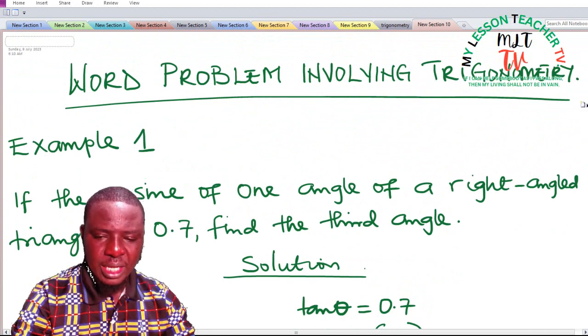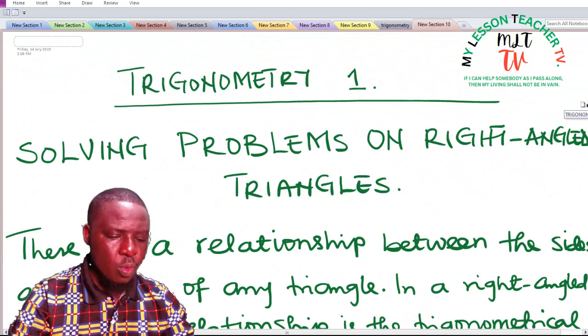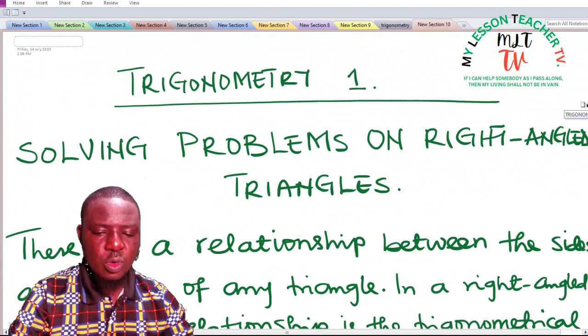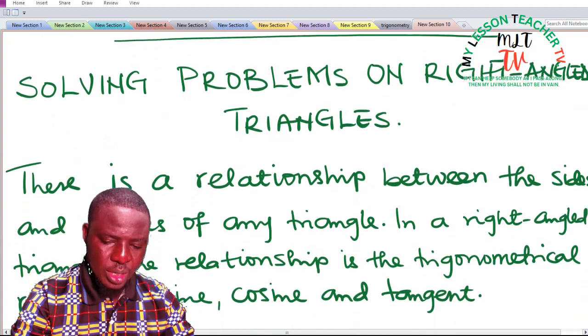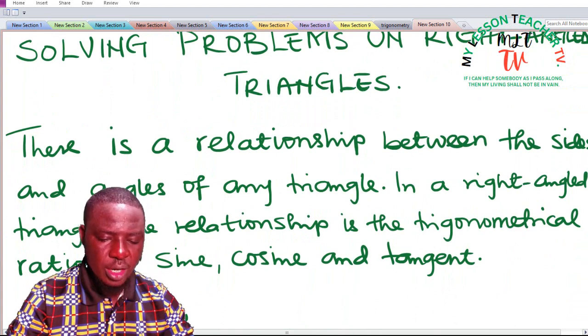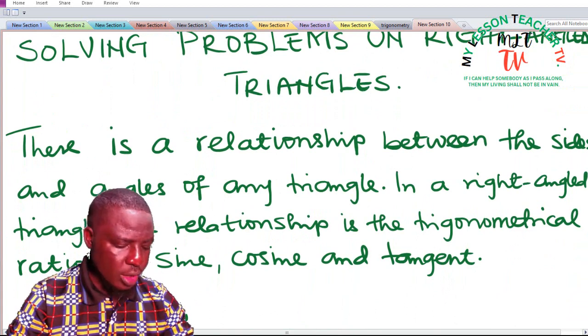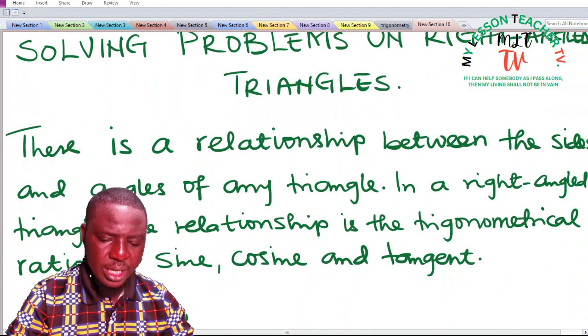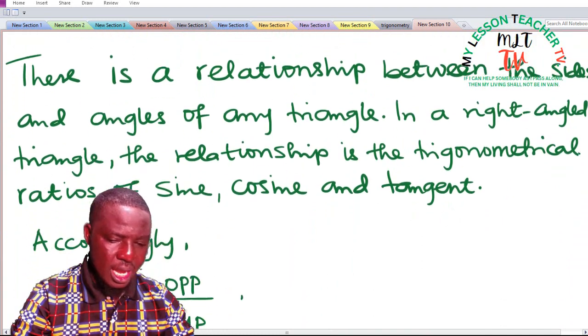exercises. In today's class, we shall be looking at solving problems on right-angled triangles. There is a relationship between the sides and the angles of any triangle. And in a right-angle triangle, the relationship is the trigonometric ratios of sine, cosine, and tangent.